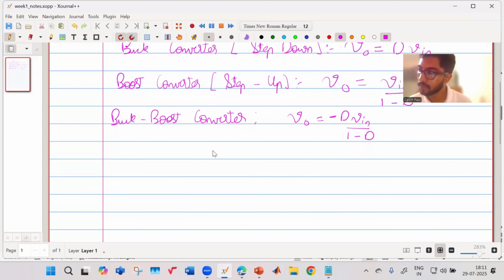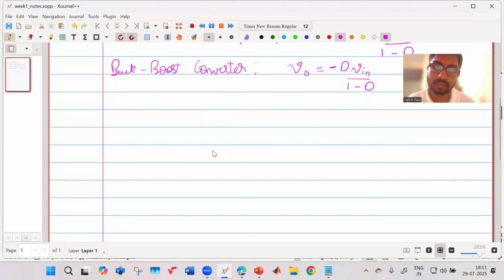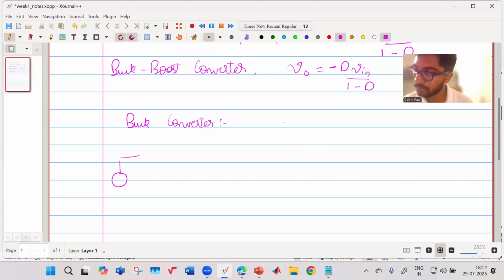Okay. So let us consider the simple buck converter. So we will have your input voltage being given over here.